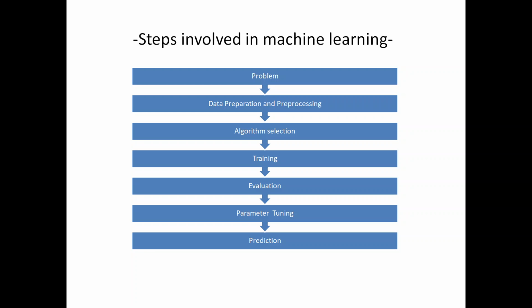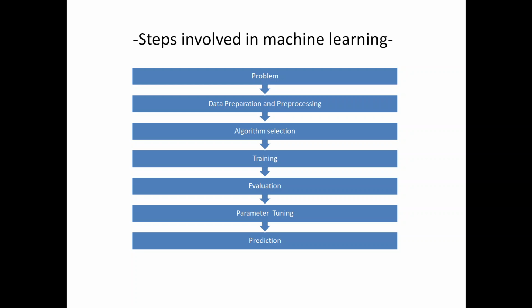Next step is parameter tuning. In this, we try to improve the training process in order to decrease the error so that we can get a better model. The less the error, the more efficient the model is. After parameter tuning, the next step is prediction. Now we make predictions on our input.